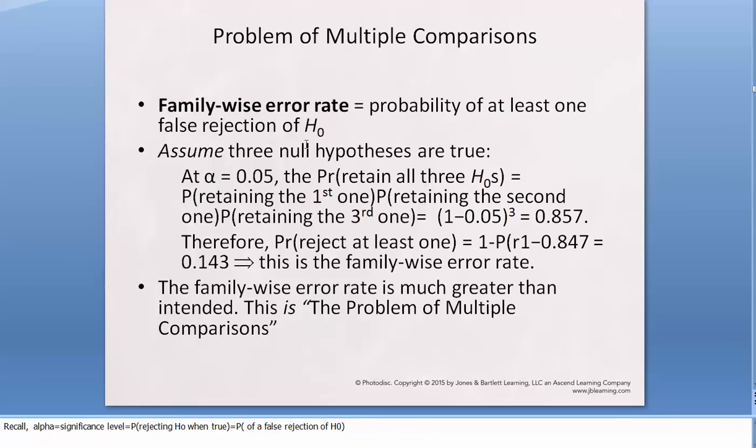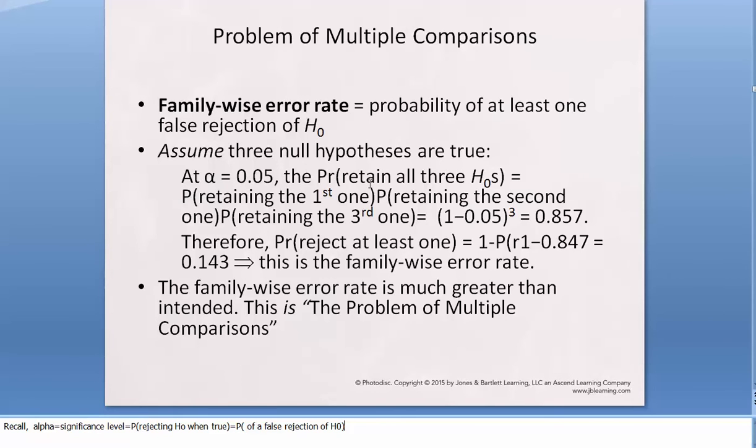Now let's assume that all these hypotheses are true. We are setting our alpha, which is the type 1 error, which we call the significance level, to be 0.05. We would like to have a 5% chance of making a mistake. Now let's figure out how much this will work out to be.